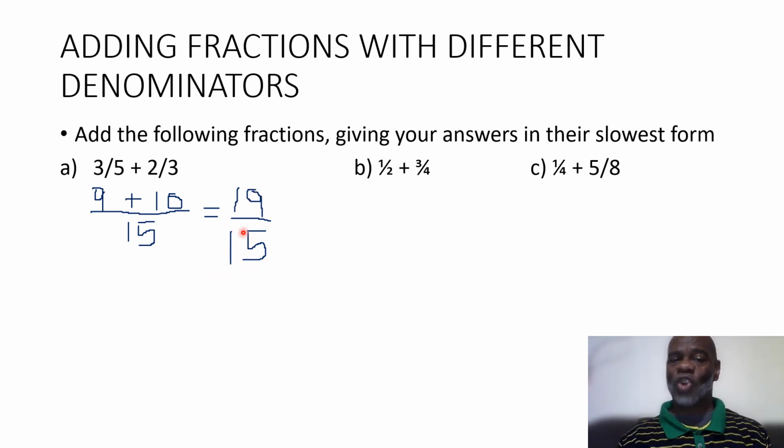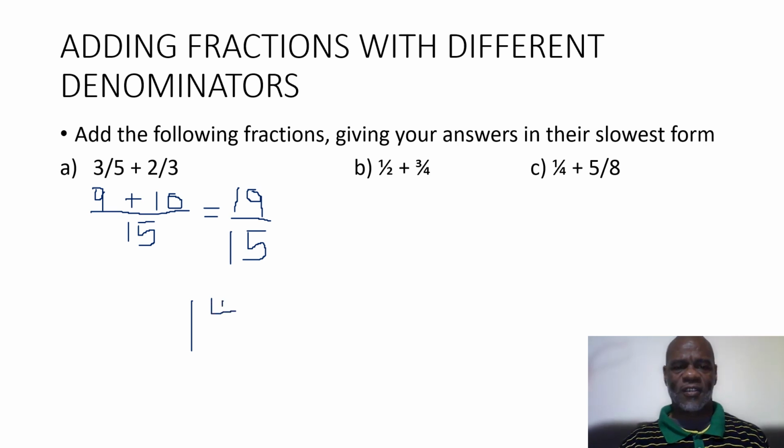So we are going to see how many times we can get 15 out of 19. Right? So we can get 15 out of 19 one time and remainder 4. So we can write that as 1 and 4/15. Right?